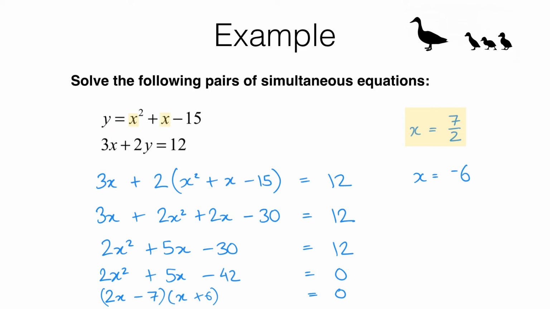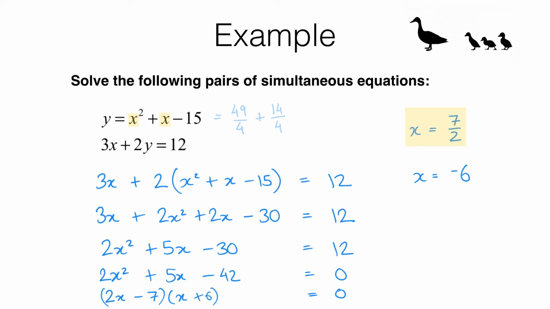We get y equals 7 over 2 squared, which is going to be 49 over 4. Then we need to add on x, so that's 7 over 2. Now I'm going to write that as 14 over 4, just so I've got a common denominator. And then we need to subtract 15.